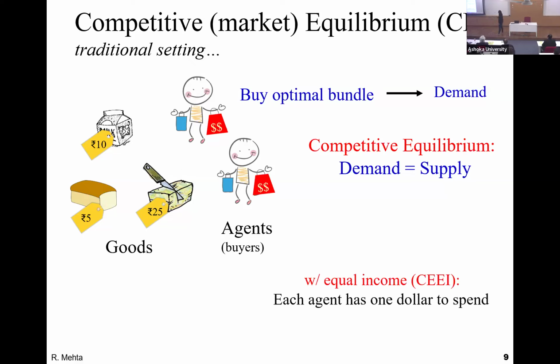From the perspective of fairness, we say that this equilibrium is with equal income when every agent has the same buying power. When we equip every agent with the same amount of money, the resulting solution, we call it competitive equilibrium with equal income.